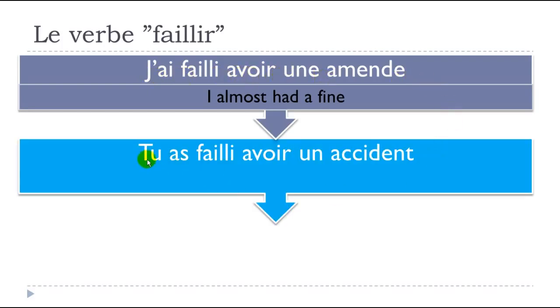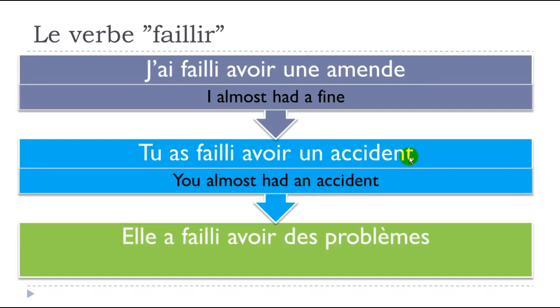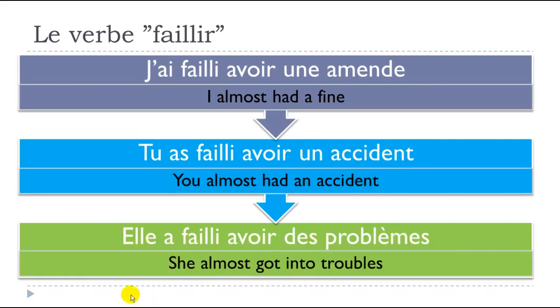Then the second example, tu as failli avoir un accident. Exactly the same concept. You almost had an accident. Okay? Tu as failli avoir un accident. And the last example, elle a failli avoir des problèmes. She almost got into trouble. Okay? Elle a failli avoir des problèmes.